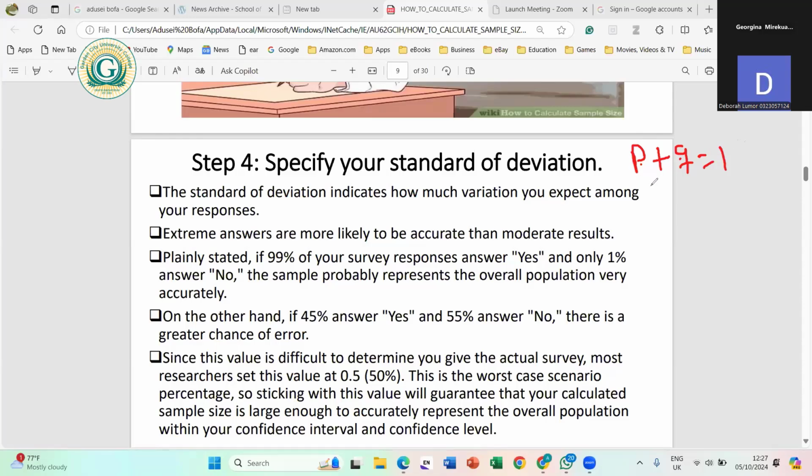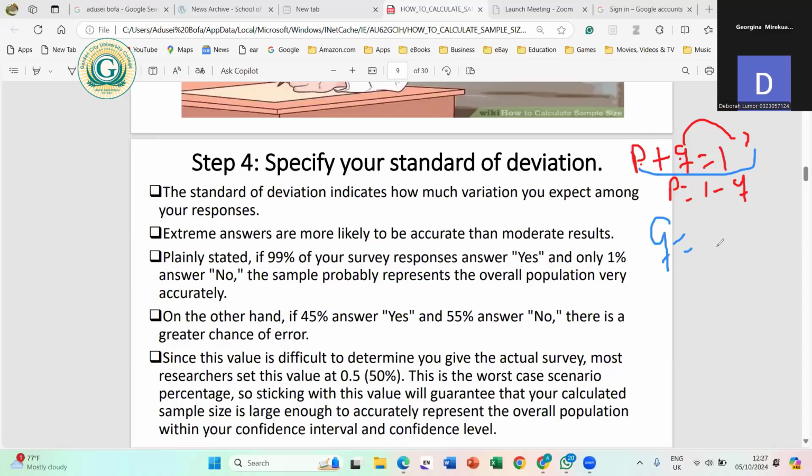Okay. And so from change of subject, if I want P, P is equal to 1 minus Q. This thing can go here, 1 minus Q. That will give me P. On the other hand, if I want Q, Q is equal to 1 minus P, because the P can also come here.